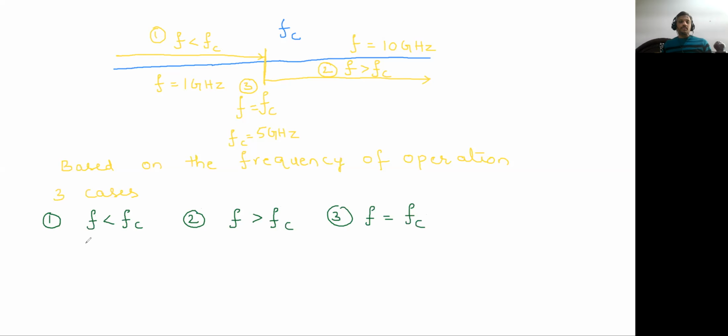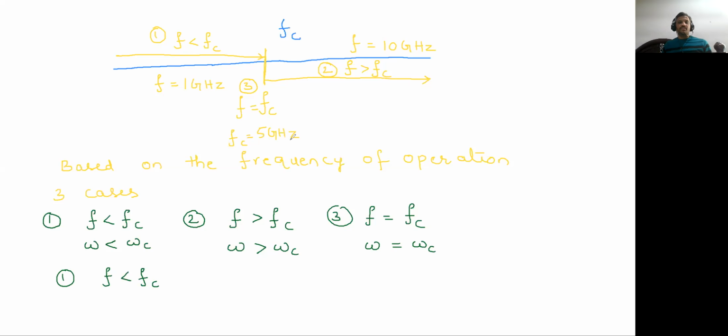We can even call these omega greater than omega c, omega less than omega c, and omega equal to omega c. Let us take the first condition, which is F less than Fc.